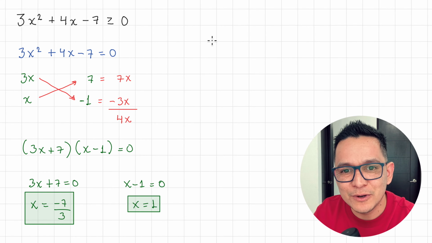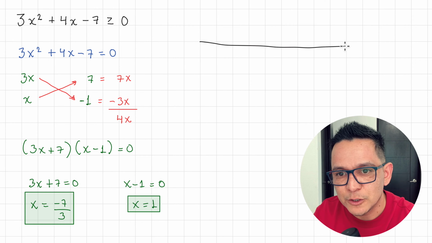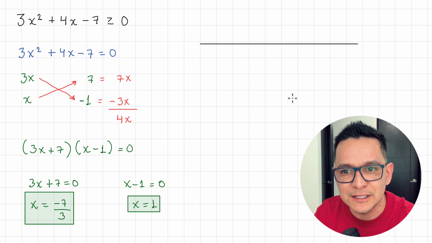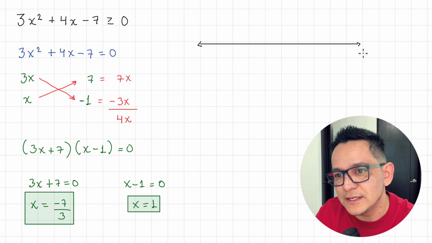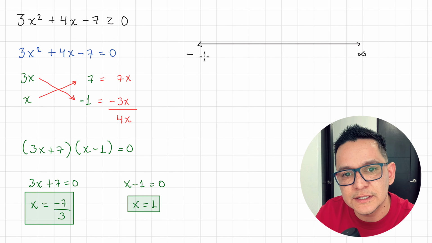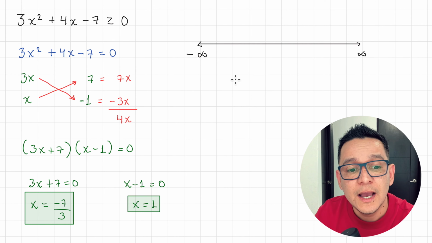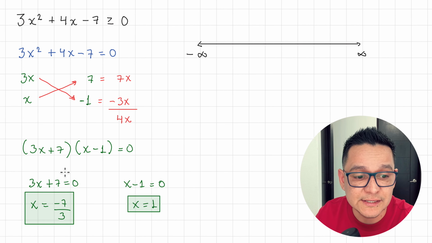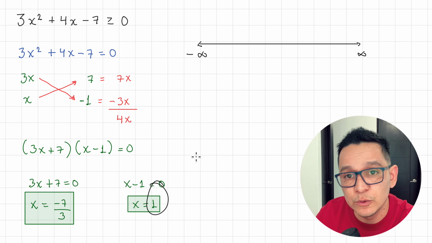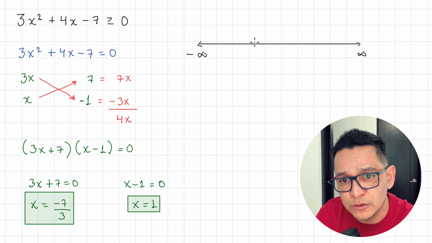I'm going to draw a line here. Well, it's a little crooked, but you get the idea, right? Now we draw a line over here. I'm going to add arrowheads. Over here I'll put infinity, and on this side, negative infinity. Now, let's place the two roots that we found, which in this case are negative 7 over 3 and 1. For example, they could be somewhere around here.